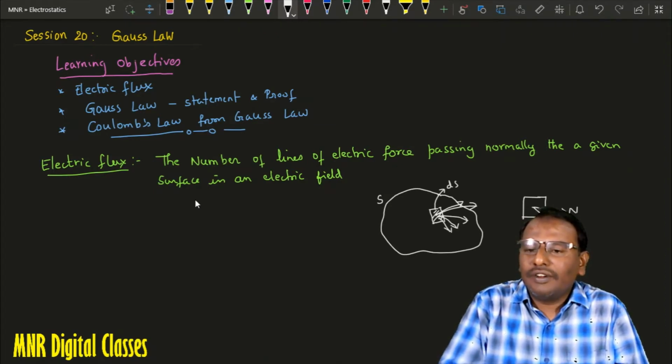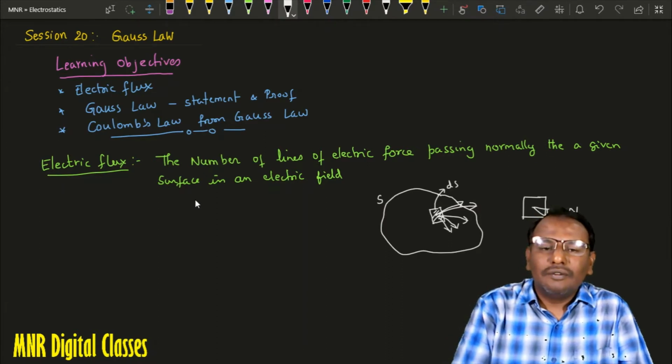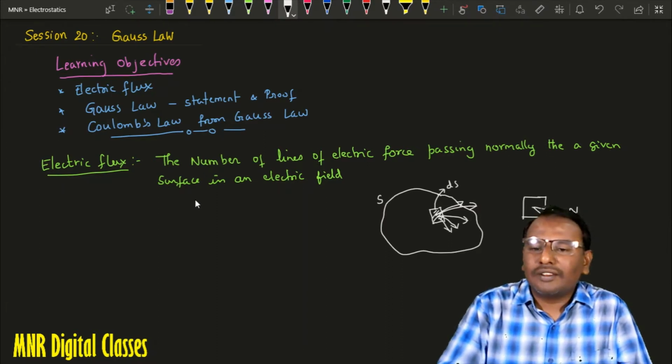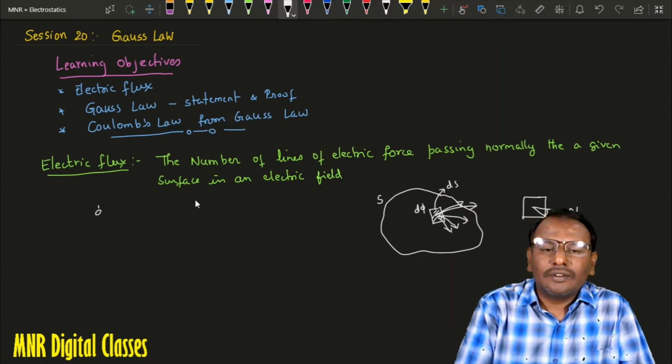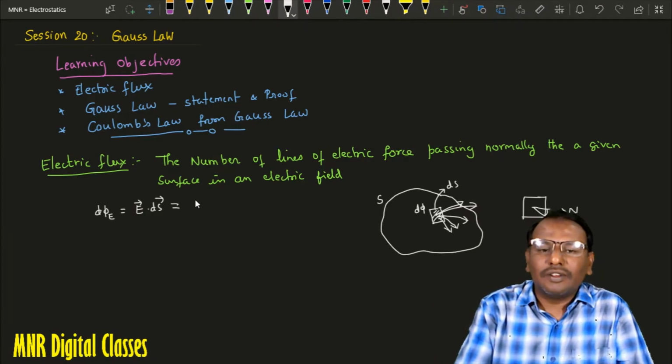If this electric field vector makes an angle theta with the direction of normal, then we can write the flux emerging out of this small surface. Let us take this as d phi. The flux d phi is equal to E bar dot ds bar. Since it is a dot product, we can write it as E ds cos theta.